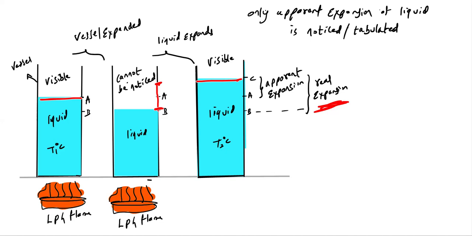Therefore, we are going to derive the formula. Initially, let the volume of liquid be V naught, and the volume of the vessel also V naught.